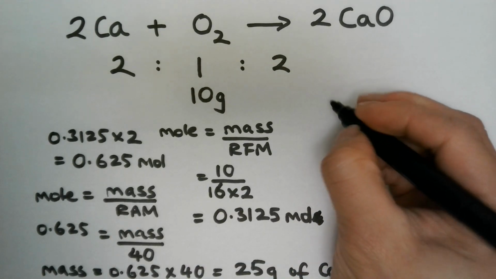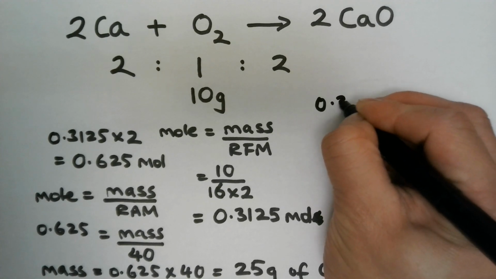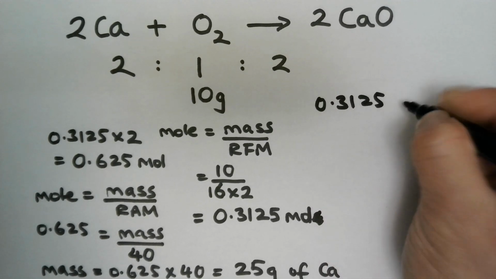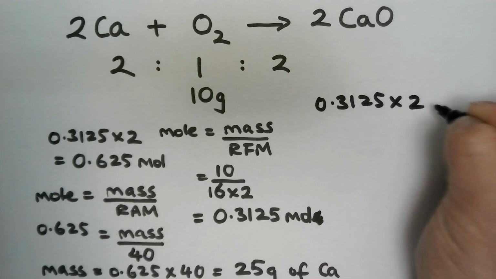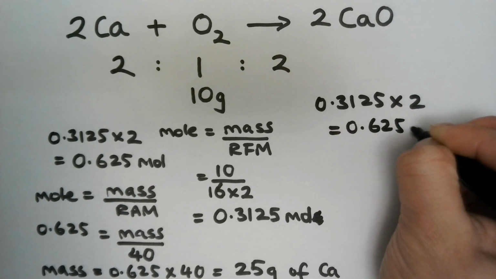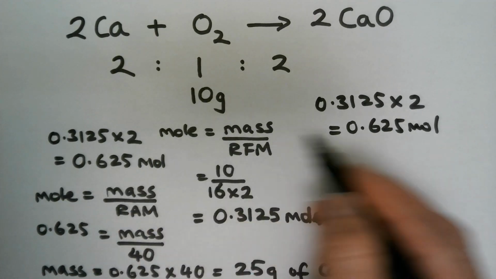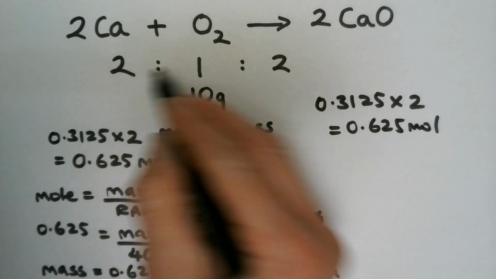So if we do the same calculation, I've got 0.3125 times 2, which is 0.625 mole. No surprises that you have the same number of moles because it's the same ratio.